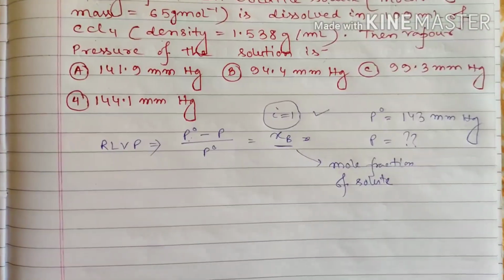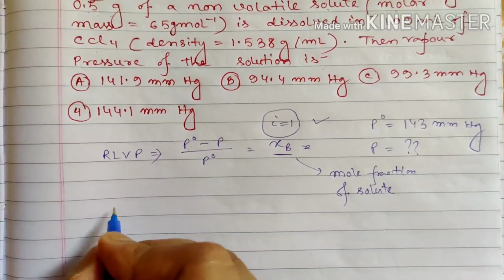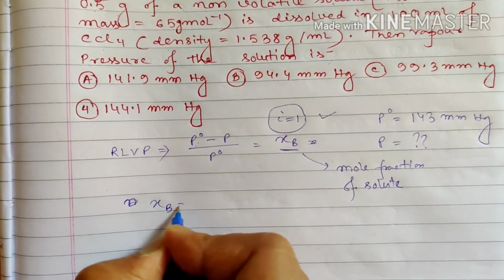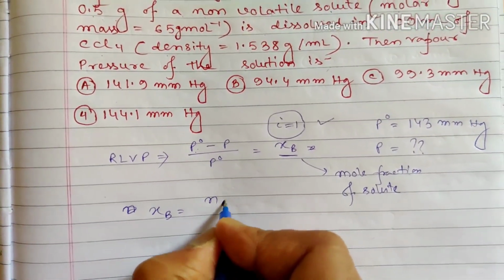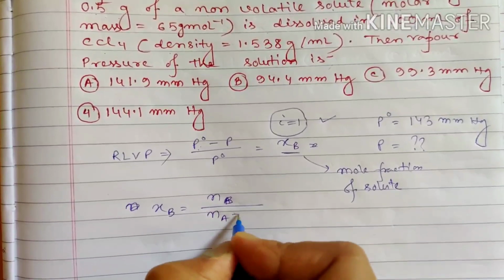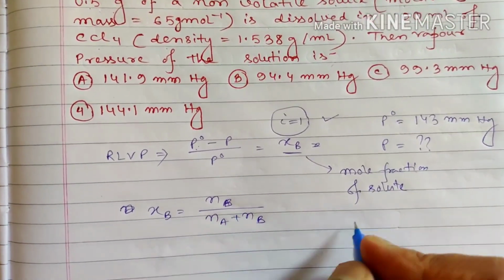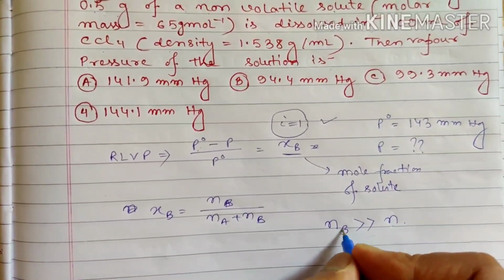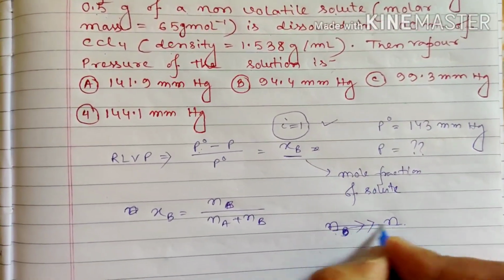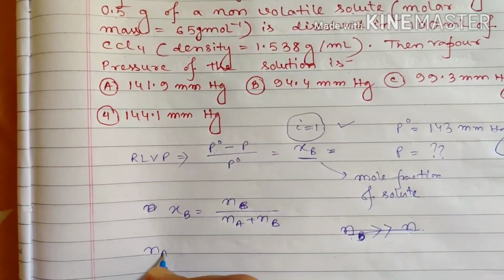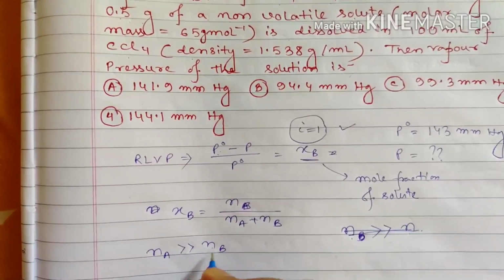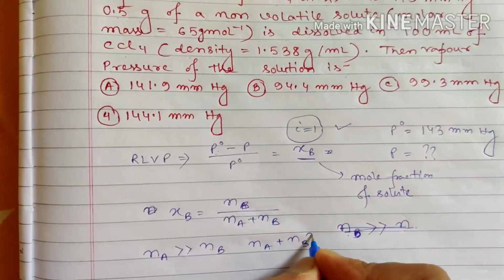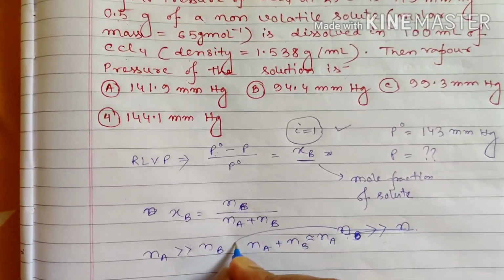As per our previous concept, xp is nb divided by na plus nb, and since na is far greater than nb, na plus nb is almost equal to na.